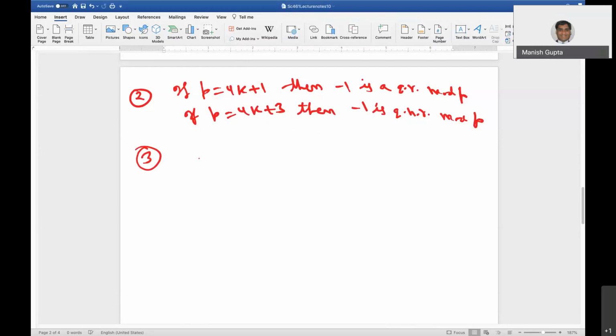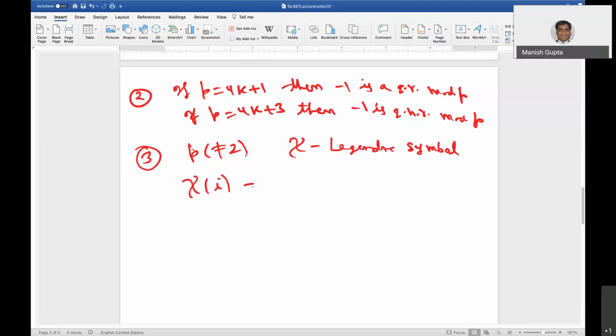Now, third, again P is the same thing, a prime number, an odd prime, we define what is known as the Legendre symbol. Okay, and it's kind of a characteristic function.